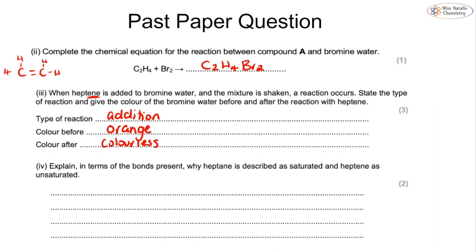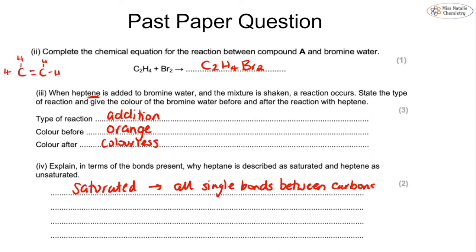And then lastly, explain in terms of the bonds present why heptane is described as saturated and heptene is described as unsaturated. So this is simply asking, what is the difference between saturated and unsaturated? So saturated means it contains all single bonds, and we have to be specific here and state that that means between the carbons.